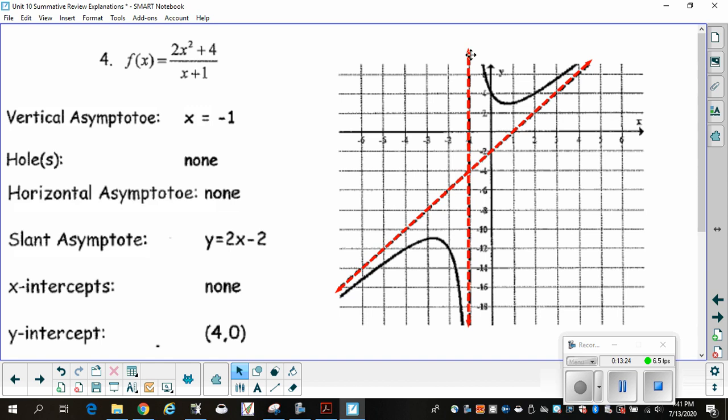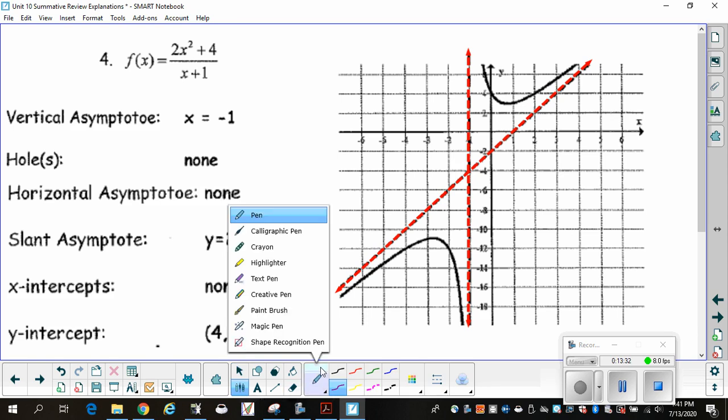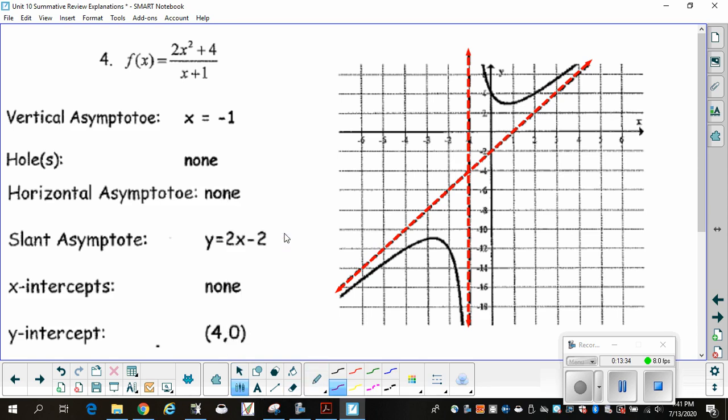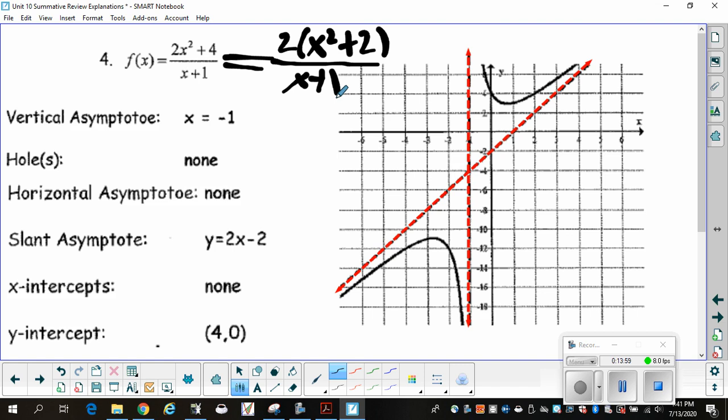Moving on to number 4. Here, we've got 2x squared plus 4 over x plus 1. Let's just be a little more creative. Now, if I'm going to factor, I'm going to do 2 over x squared plus 2, and then I have x plus 1.